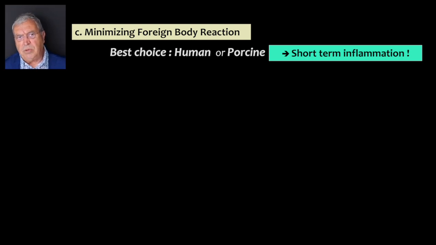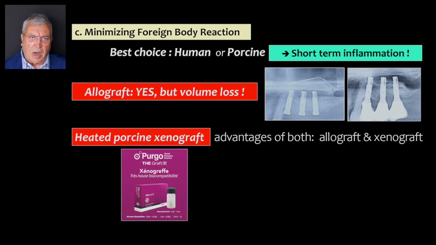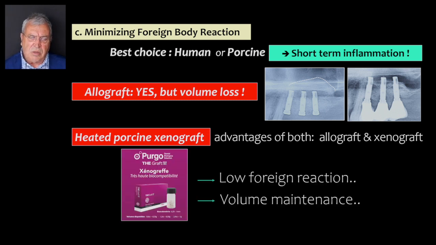Allografts are very used, but we have just one issue: the stability of the volume. This is the only one thing that we don't have good with the allograft. And today, new porcine materials are coming to give us products that induce a low foreign reaction because they are from porcine.